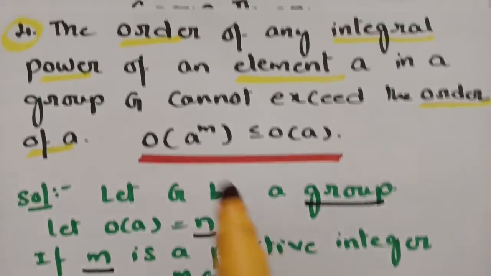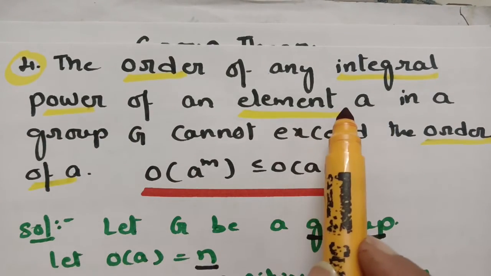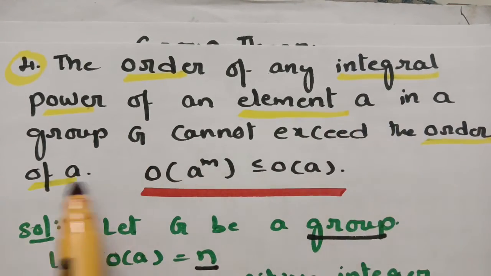It is so simple that the order of an integral power of an element A in a group G cannot exceed the order of A.